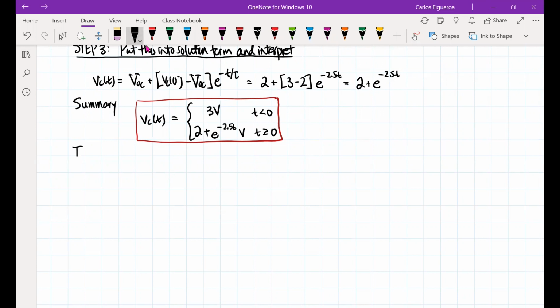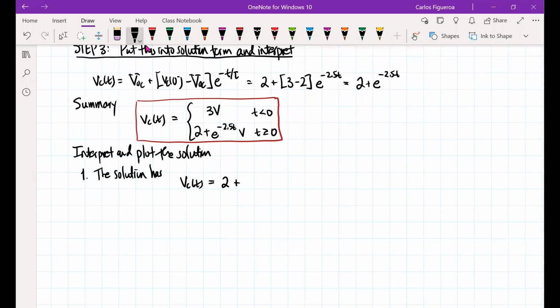Okay, so now my job here is to interpret and plot the solution. The first thing we should do is look at what the solution shows. The solution has VC of t equal to 2 plus 1 times e to the minus 2.5t.